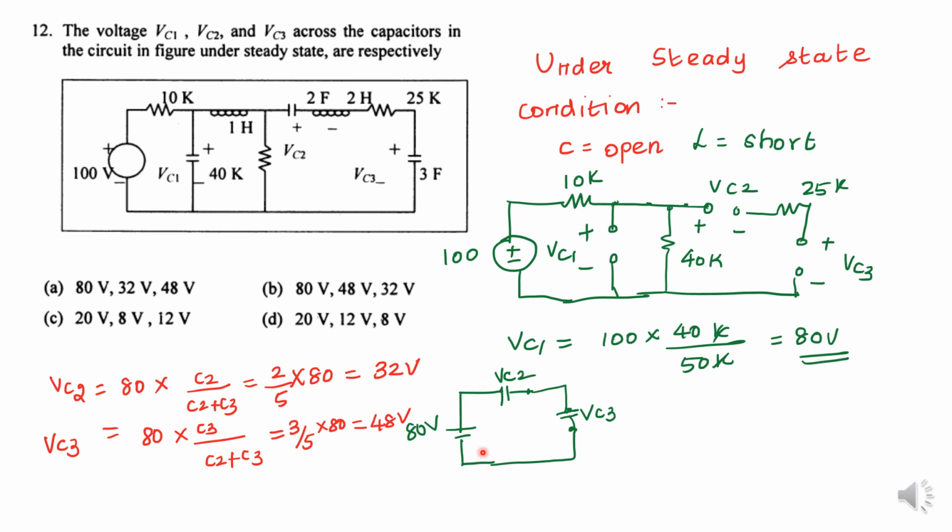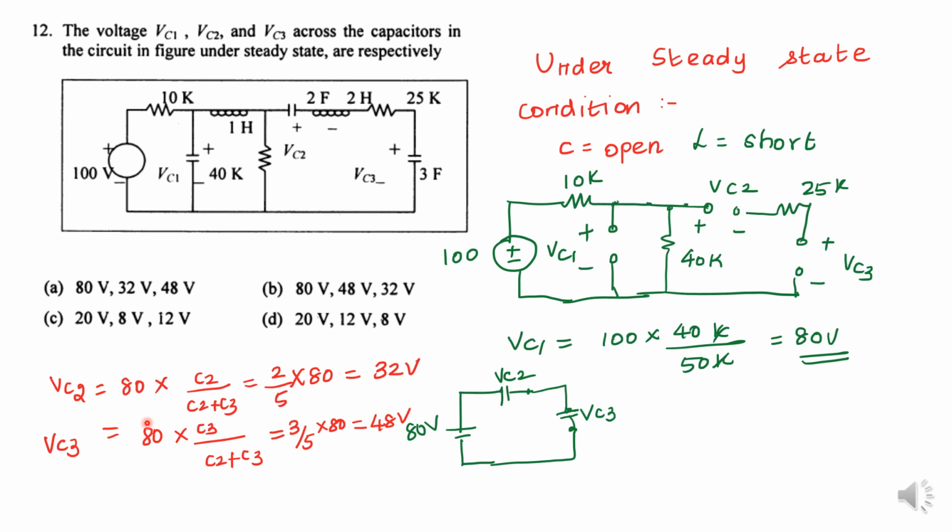And next you have to take the parts separately. Here we have the 80 volt, VC2 and VC3. First of all, I am going to find VC2. VC2 is the total voltage, that is 80 volt, into the same capacitance, that is C2, divided by C2 plus C3. So 2 divided by 5 into 80, that is 32 volt.